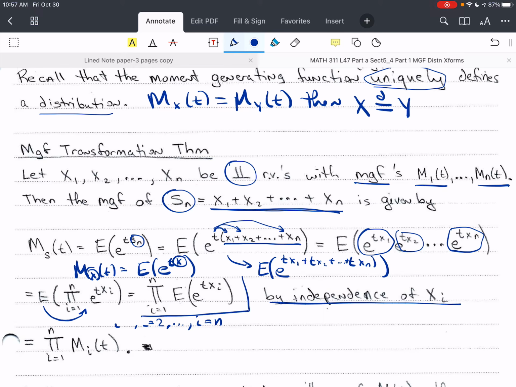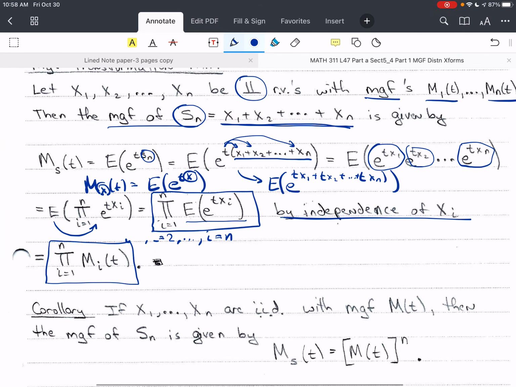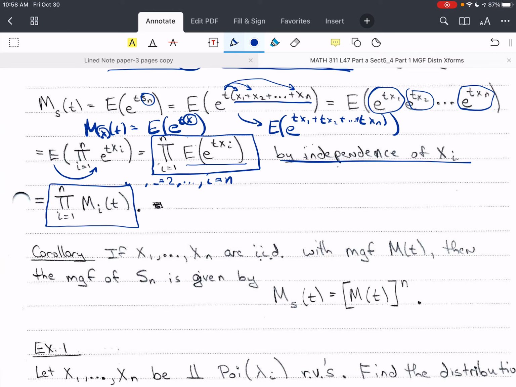And so we end up with our result of this theorem that the MGF of S sub n, which is the sum of the n independent random variables, is the product of the MGFs of the individual random variables. Okay, and so that is what we have written here. That is the result that you'll want to use. And so for the corollary, if X1 through Xn are IID now, this means that they are identically distributed.